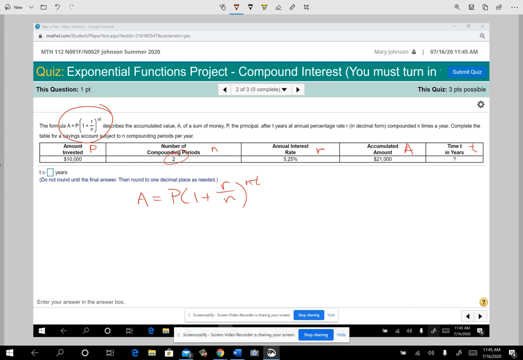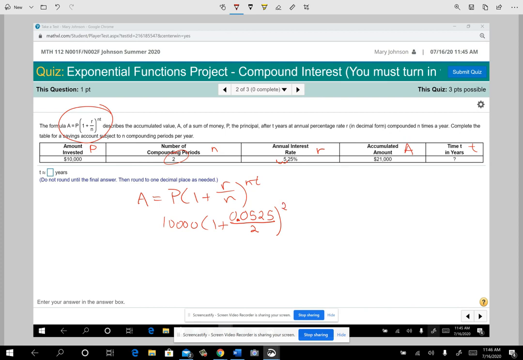So the principal was 10,000. The amount invested was 10,000. Okay. Interest rate 5.25. So if you move the decimal twice, it's 0.0525. And I'll put a 0 in front just to emphasize that's really a decimal. Okay. And then that gets divided by 2 because we're going to figure the interest twice a year.